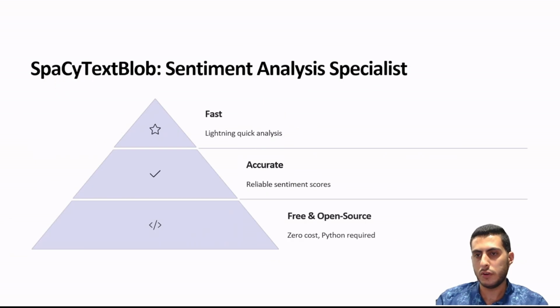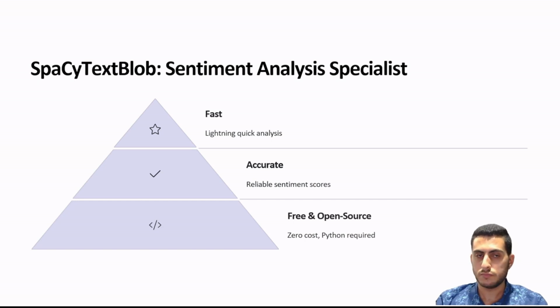So we're gonna be starting off with our first contestant, which is SpaCyTextBlob. SpaCyTextBlob is a sentiment analysis specialist. It offered an impressive alternative for Google Cloud during our testing. It was lightning fast, it analyzed text almost instantly, and provided reliable sentiment across the board for the English language.